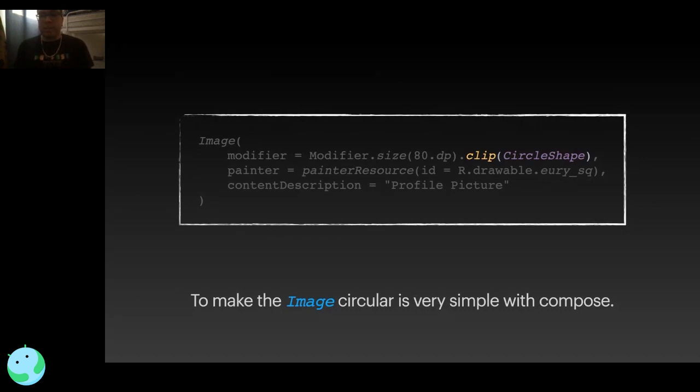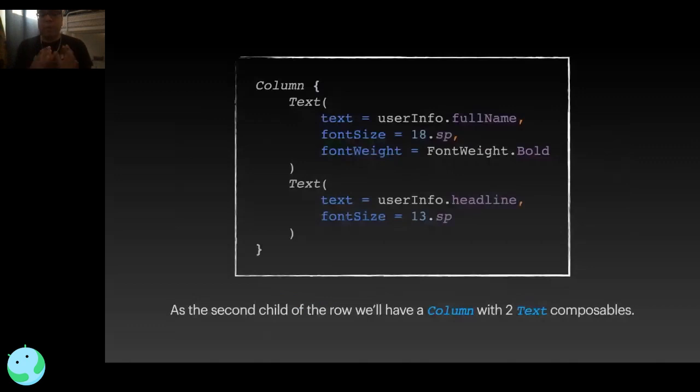So we just need to add clip to the modifier and pass circle shape, and it will just make it circular for us. So I just wanted to show this quick, simple but powerful function that makes it so much simpler than the previous view system in order to make something circular.